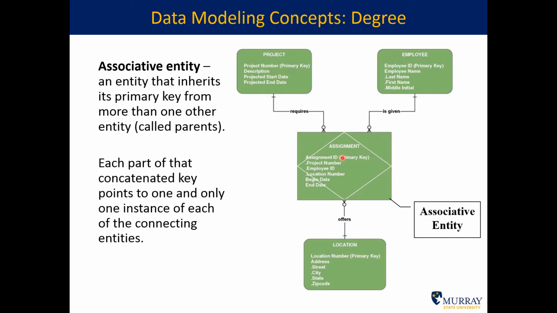Now, if you remember the definition, compound primary key means this key consists of several parts. Now, in this case, our primary key, assignment ID, consists of 3 parts: project number, employee ID, and location number. And each of those parts comes from another entity. More specifically, each of those components of this compound primary key called assignment ID is a primary key from another entity. So this is how we know that this is an associative entity.